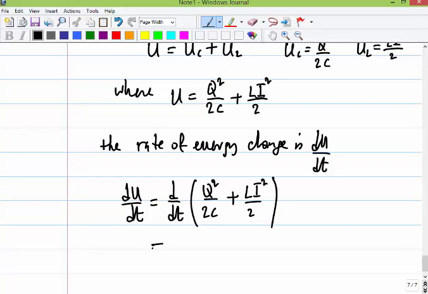We can take this derivative and we'll see that the rate at which energy is used is equal to Q over C times dQ/dt. The 2 goes away when you take the derivative, and then you're going to have L I dI/dt.